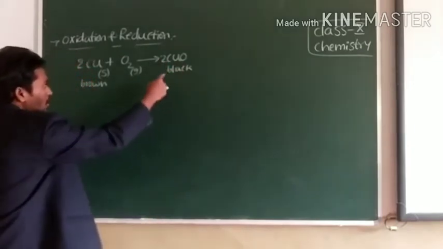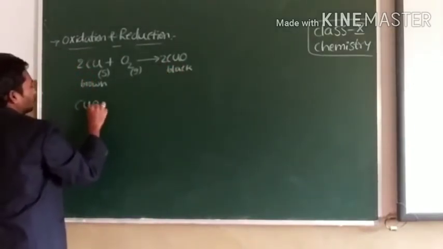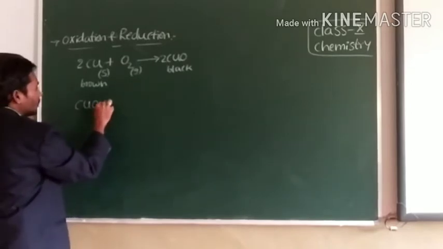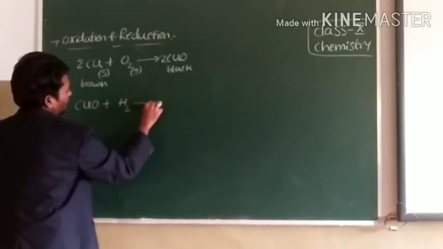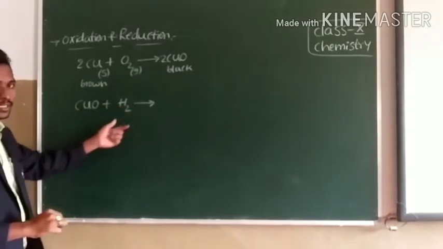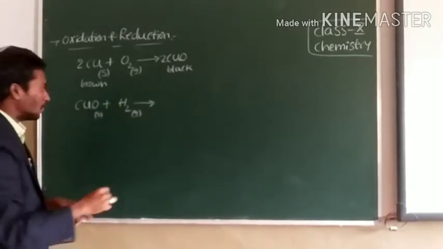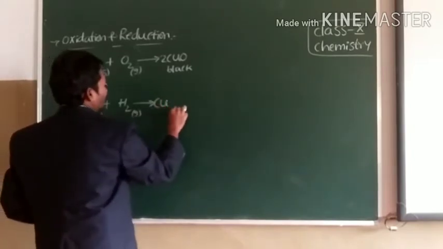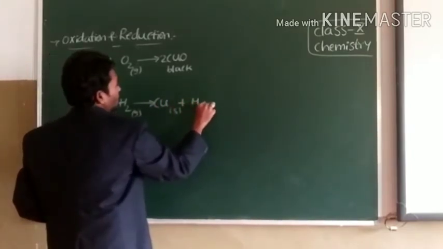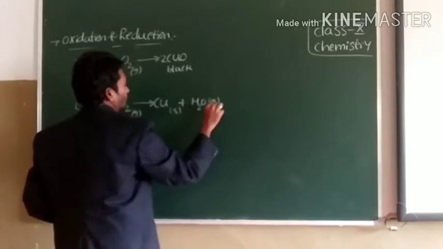Now take CuO, copper oxide. When solid copper oxide reacts with hydrogen gas, it forms copper metal and H2O, water.